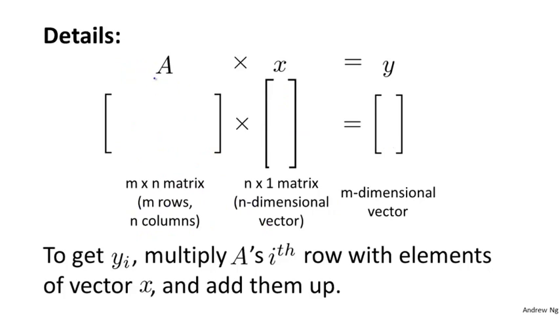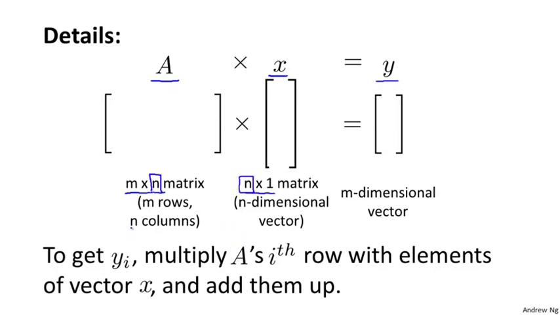Let's say I have a matrix A and I want to multiply that by a vector x. The result is going to be some vector y. So the matrix A here is an m by n dimensional matrix, so m rows and n columns, and I'm going to multiply that by an n by 1 matrix, or in other words, by an n dimensional vector. It turns out this n here has to match this n here.